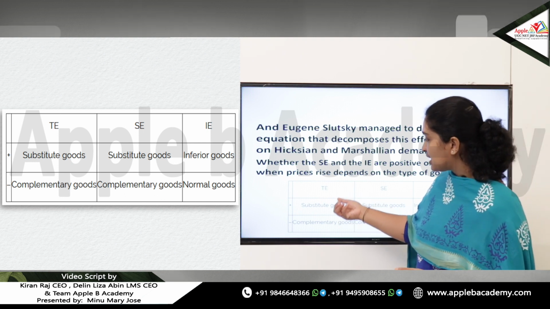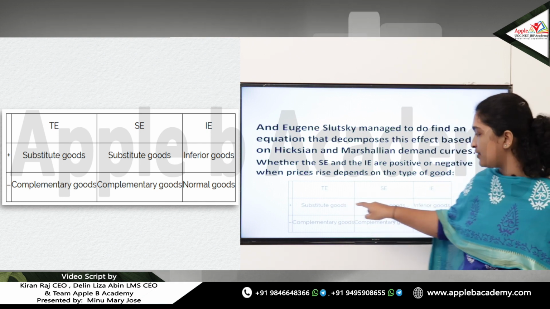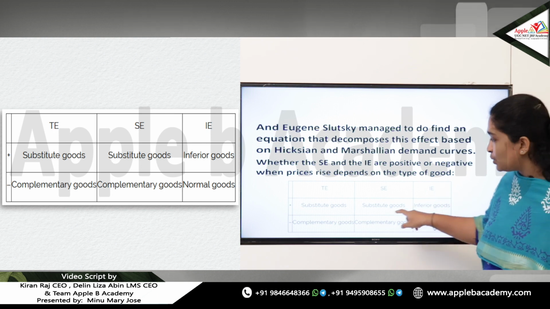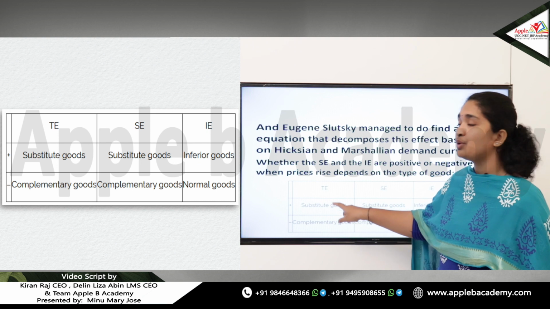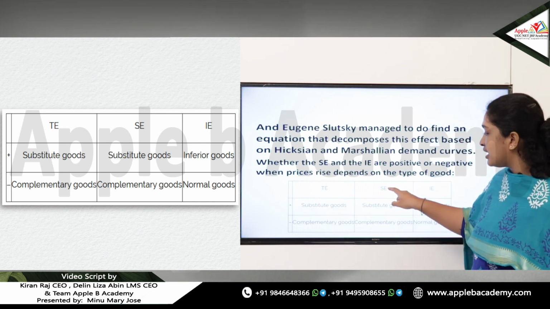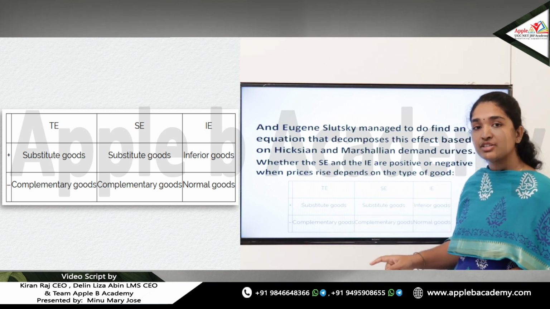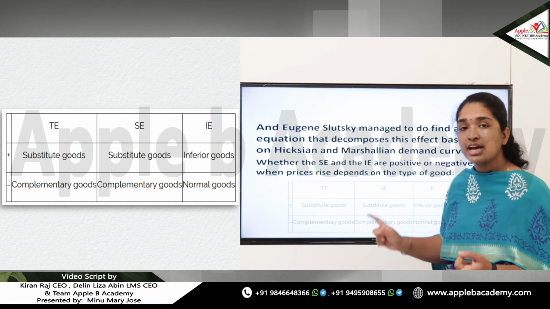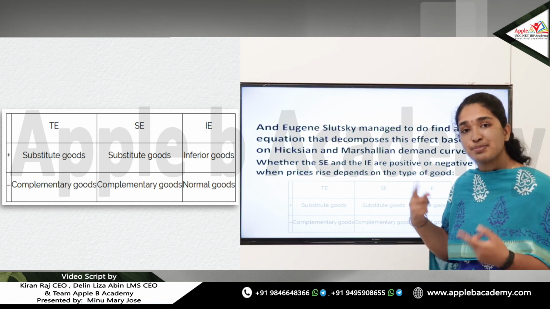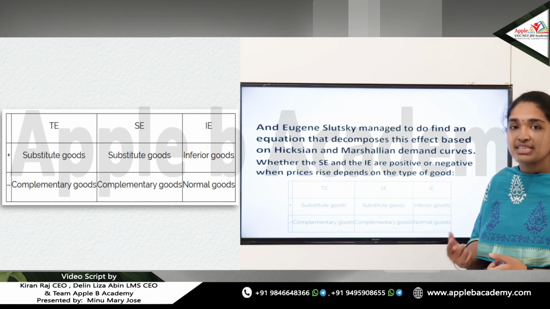If it is a substitute good, where TE is the total price effect, SE the substitution effect, and IE the income effect, the total price effect would always be positive, and the substitution effect would also be positive. That means if the price of a particular commodity rises, there will always be a tendency for the consumer to consume more of the substitute rather than the commodity whose price has risen.